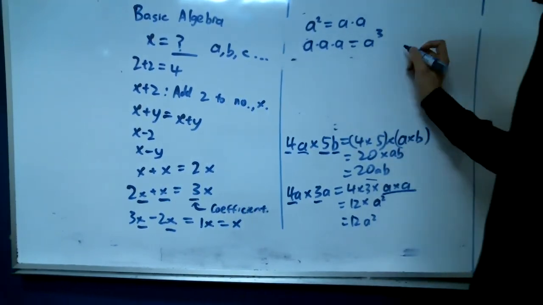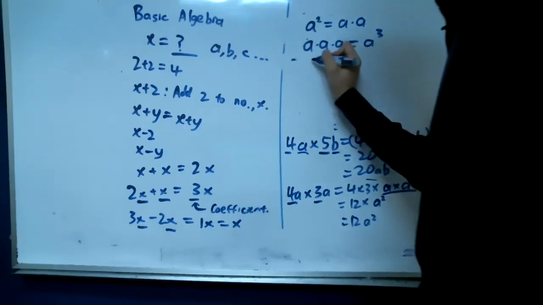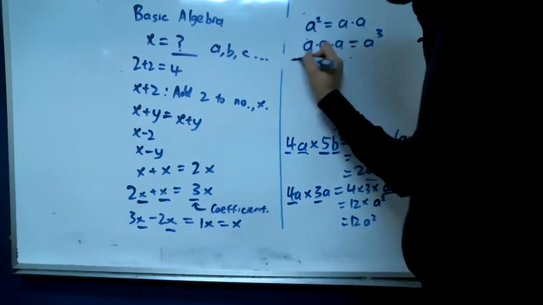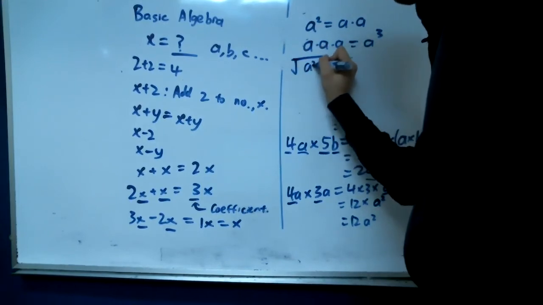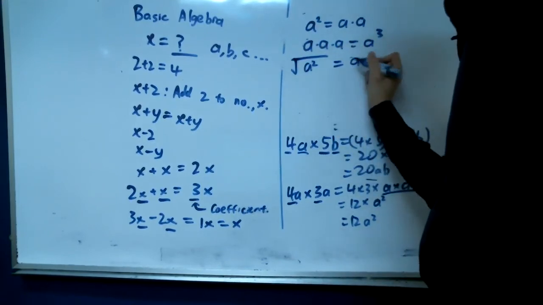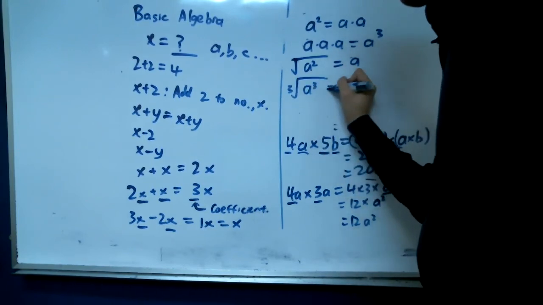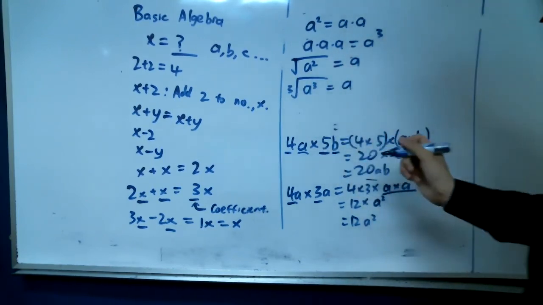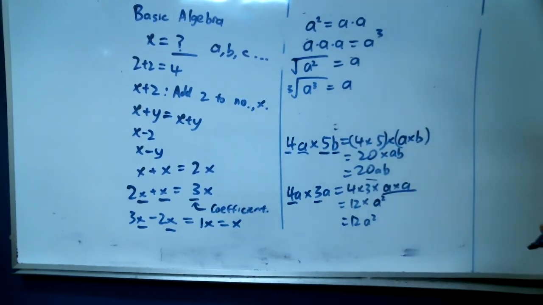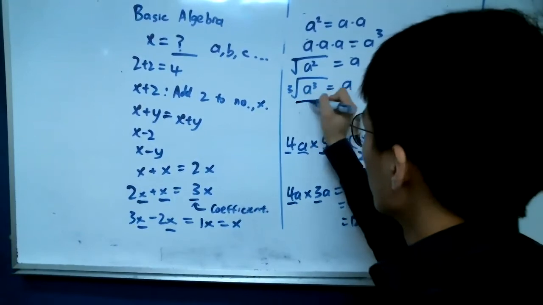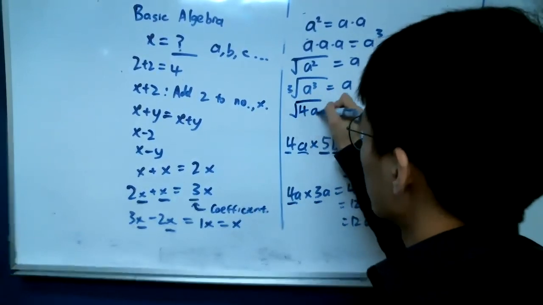And of course, not to mention, we have square root. So the opposite of this, square root of a squared, will give me back a. If I cube root a cubed, it gives me back a also. And so what happens next if I square root 4a squared?